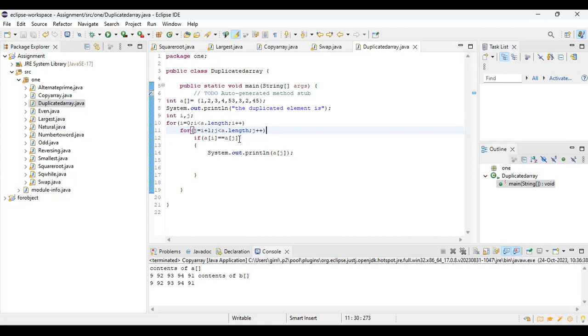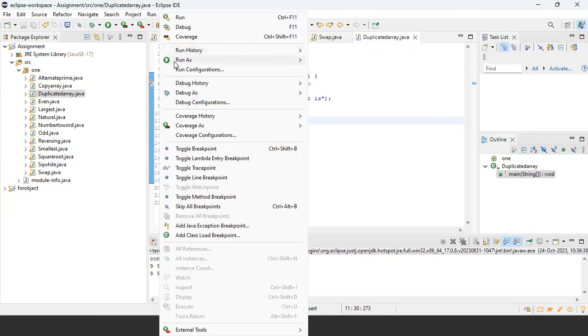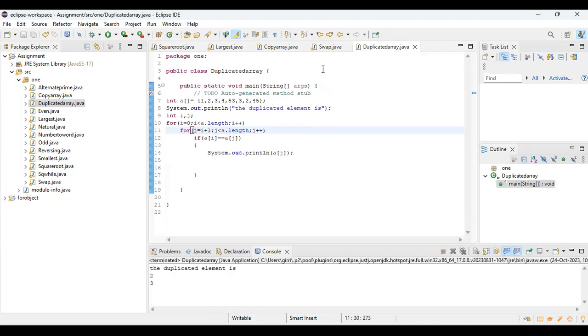So if it is repeated, then it has to print a of j. So here, the duplicated elements are 2 and 3. So that's all for this duplicated array.